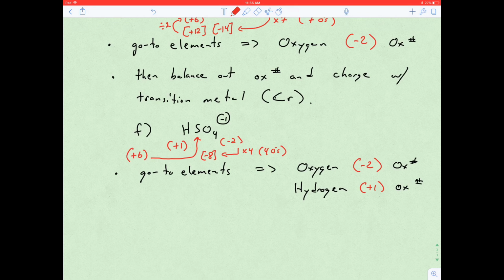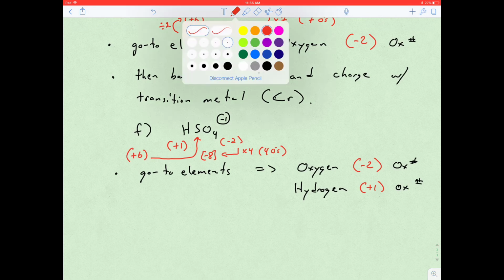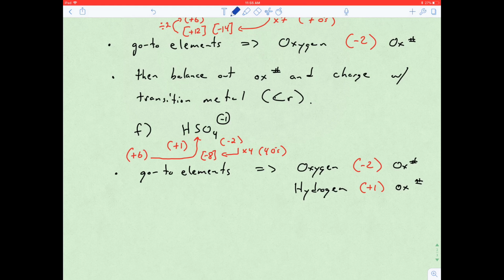And again, that comes from the combination of the oxidation numbers to get that total charge of -1. That -1 has come together from the hydrogen and its oxidation number, the oxygens with their total contribution of -8, and so that means that the sulfur must be in a +6 oxidation state in order to get the overall -1 charge for the molecule.